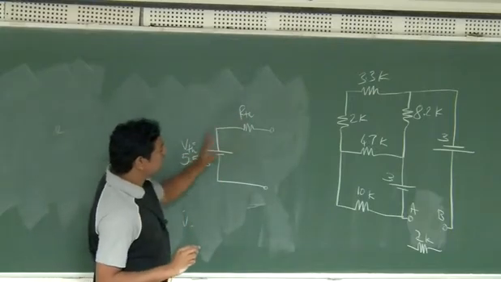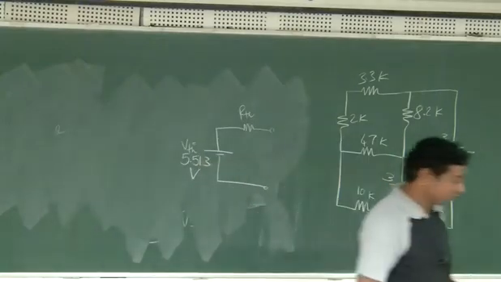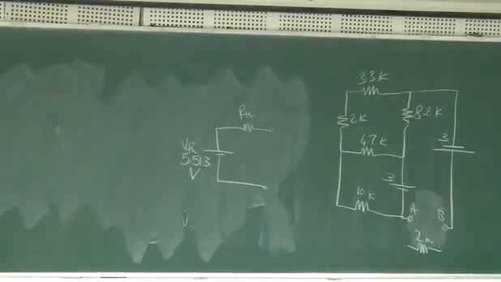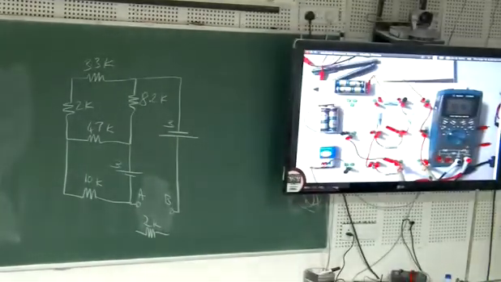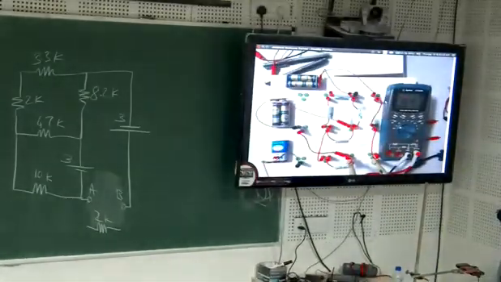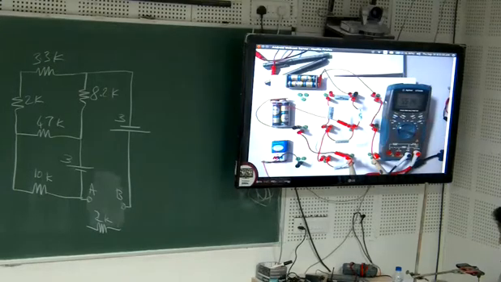So what about this RTH? How do you measure the RTH? So you short circuit all the voltage sources and then you measure the resistance. Okay. So how to short circuit the voltage sources?